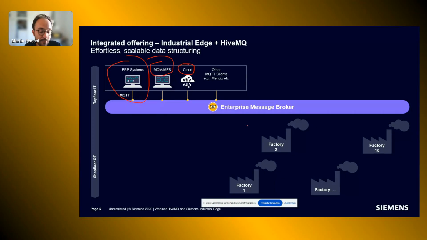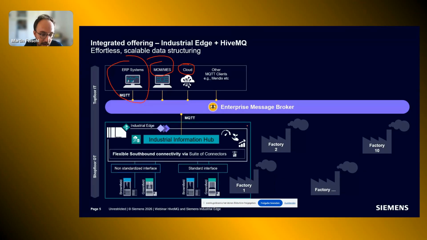But as I mentioned, we have a brownfield area. So a lot of protocols and a lot of PLCs are not able to communicate via MQTT, and even no contextualization of the data is possible. So we are introducing here now our industrial edge solution, which is providing a suite of connectors for several protocols.